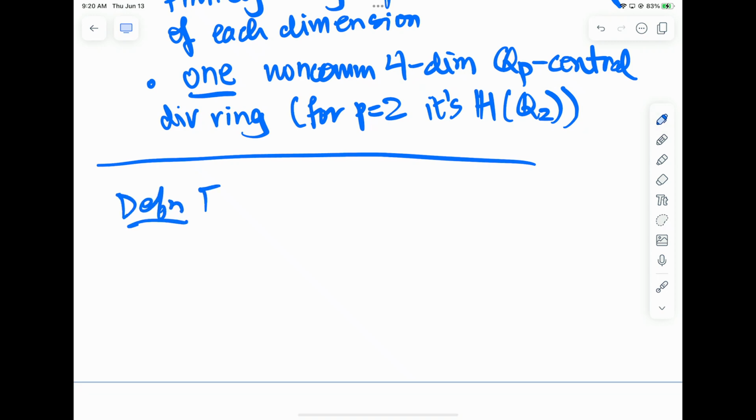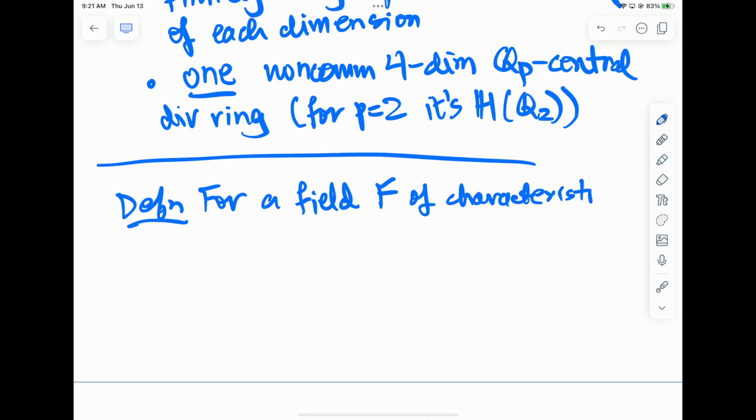I'm going to make this concrete, and so I'm going to have to avoid fields of characteristic 2, which pains me very much, but field F of characteristic not equal to 2. Everything I say can be done in characteristic 2, but you just need better ways of thinking about things.